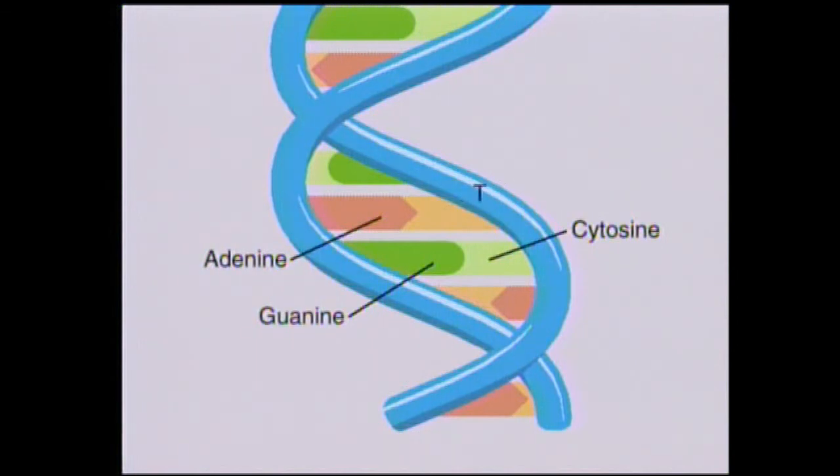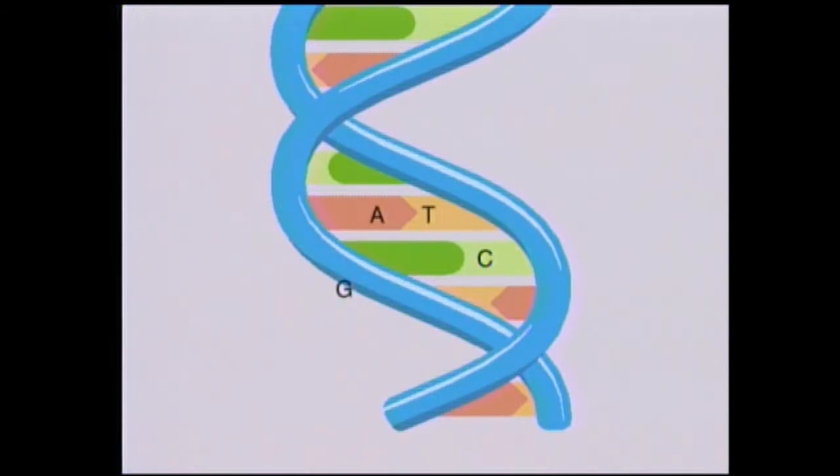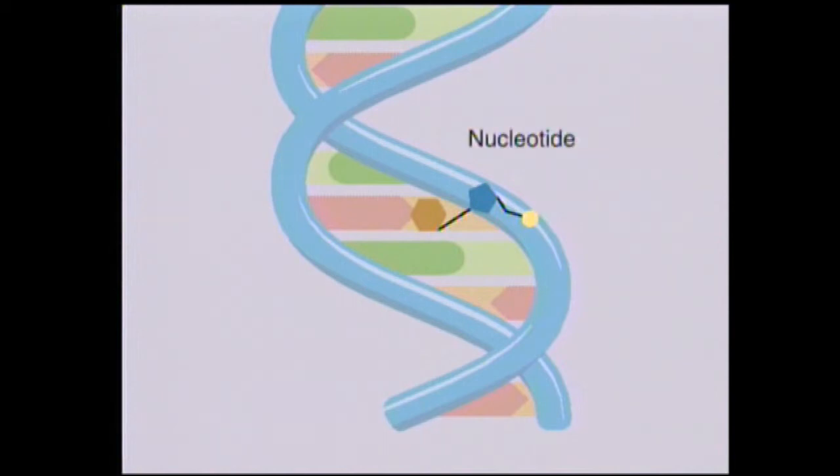T stands for thymine, A for adenine, C for cytosine, and G for guanine. T always pairs with A, C always pairs with G. A TA pair and a CG pair are called complementary base pairs. Each group of phosphate, sugar, and base is called a nucleotide.